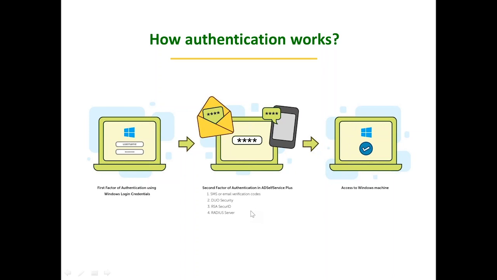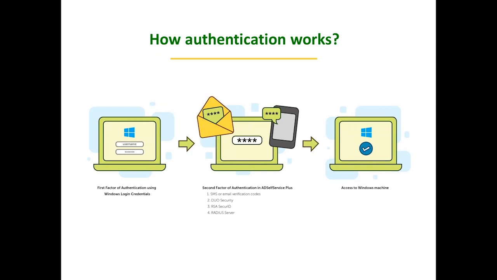Once again, go through a secondary factor of authentication before gaining access to the Windows logon machine itself. Because we are talking about providing one-click seamless access to multiple applications, we are talking about NTLM single sign-on and SAML single sign-on, wherein one-click access to the Windows logon machine will grant access to multiple on-premises and cloud applications.